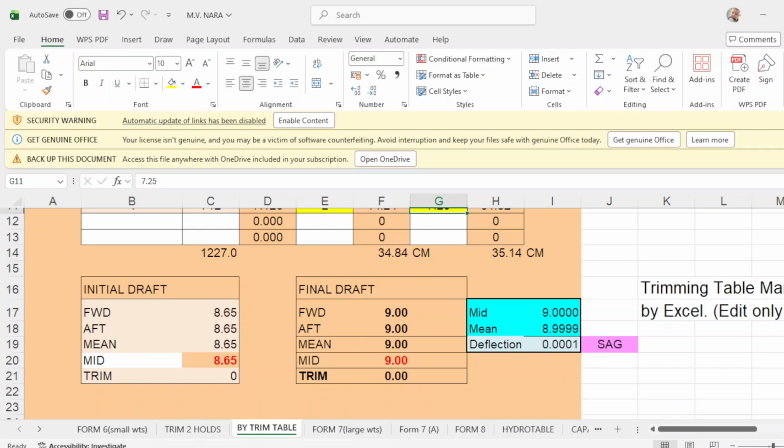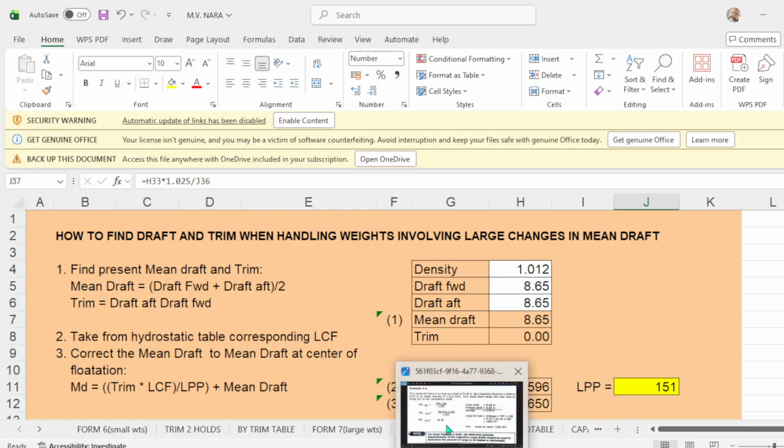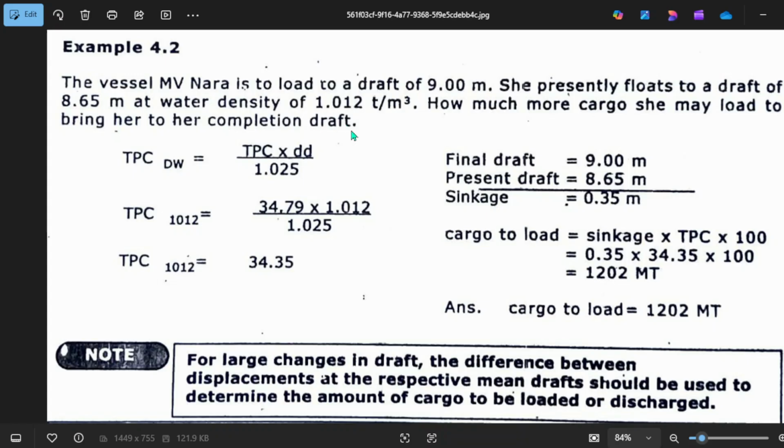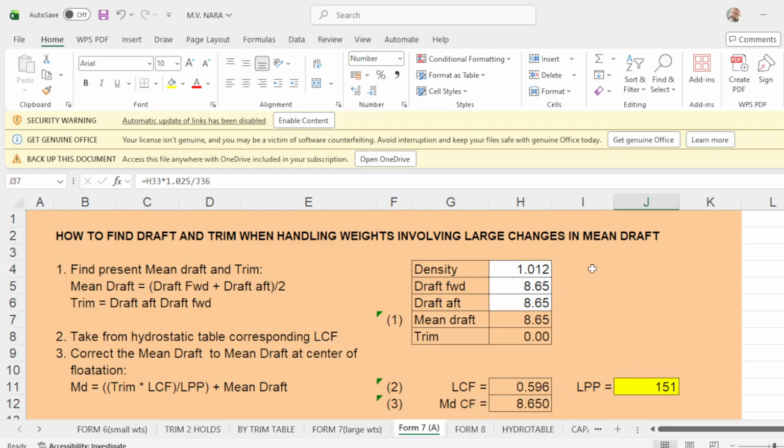And the last one, which is form number 7, how to find drop and trim when handling weights involving large changes of mean drop. So you put your initial density of 1.012, which is this one. Apply your initial present drop of 8.65, forward and up of 8.65.